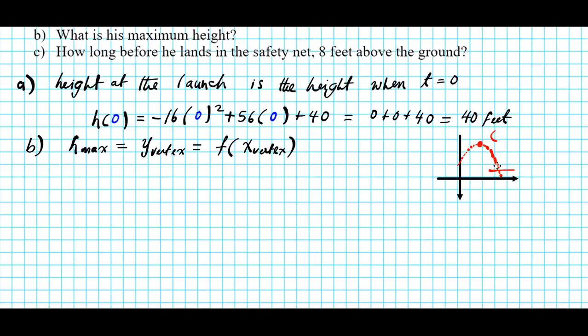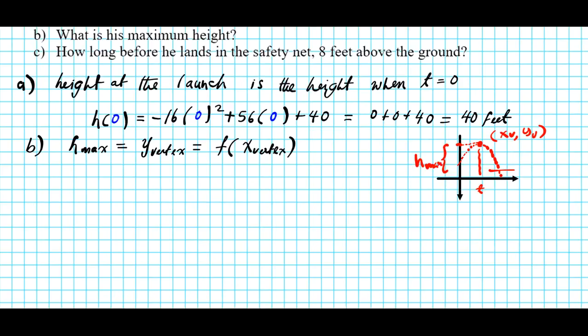It occurs at the vertex. Okay, x vertex, y vertex. The x vertex is the time that it hits the maximum height. And the y vertex, which is the maximum height, is what we're looking for in this problem. So this is the h max that we're talking about.